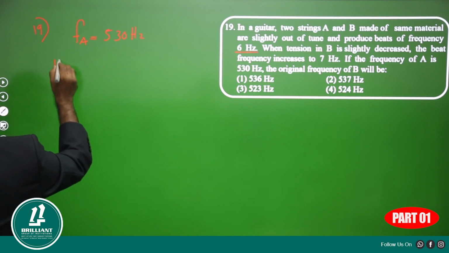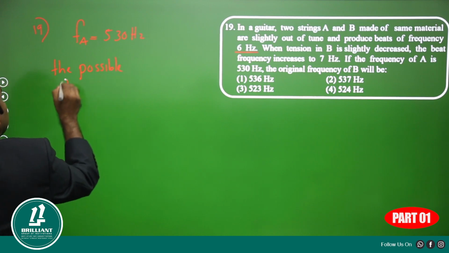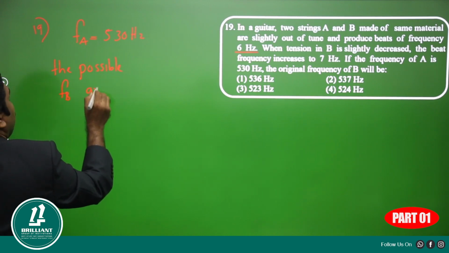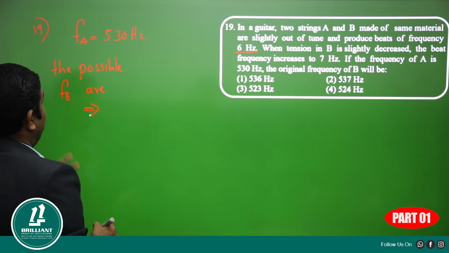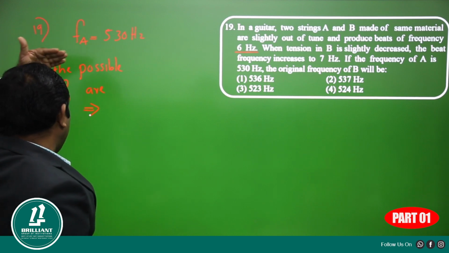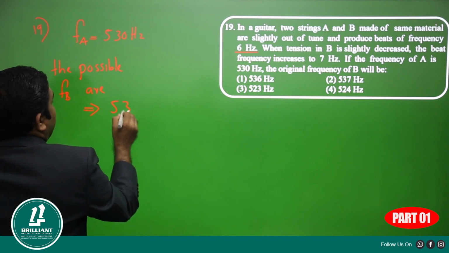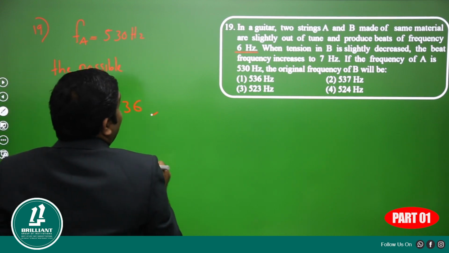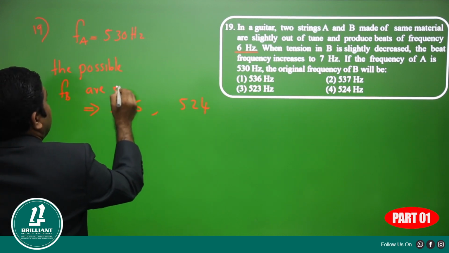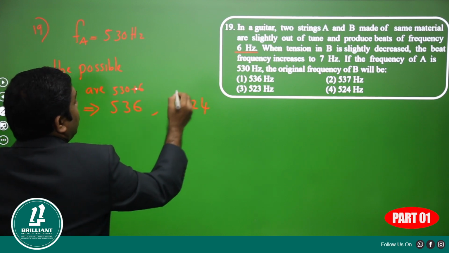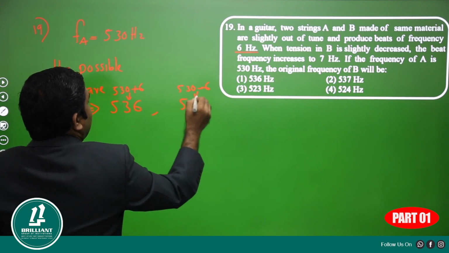So two values of the frequency of B are possible, because we don't know the value of FB. Maybe it is FB minus FA or FA minus FB. So 6 is the difference, which means 536 is possible and 524 is possible. How 536? 530 plus 6. And how 524? 530 minus 6. These two possibilities are there.